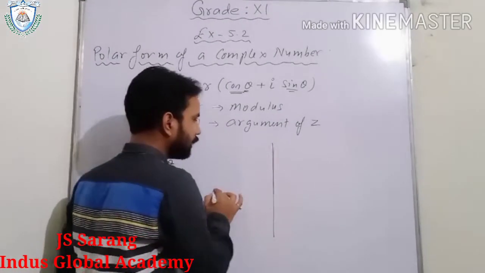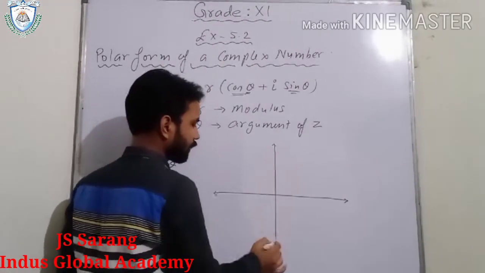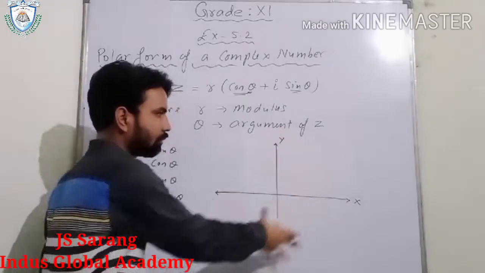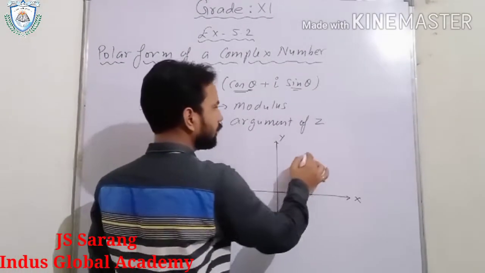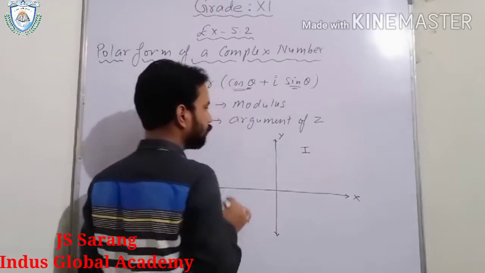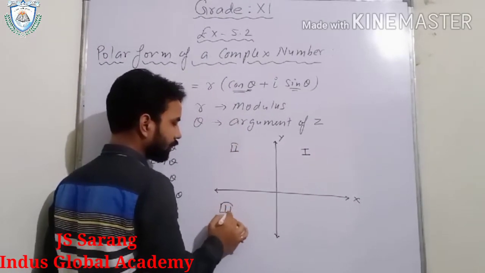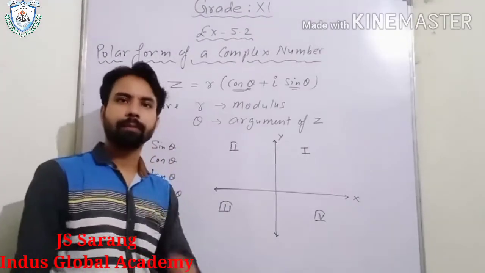Here I am drawing a coordinate axis. This is the x axis, this is the y axis, this is the coordinate plane. We all know that this is the first quadrant, second quadrant, third quadrant, and this is the fourth quadrant.